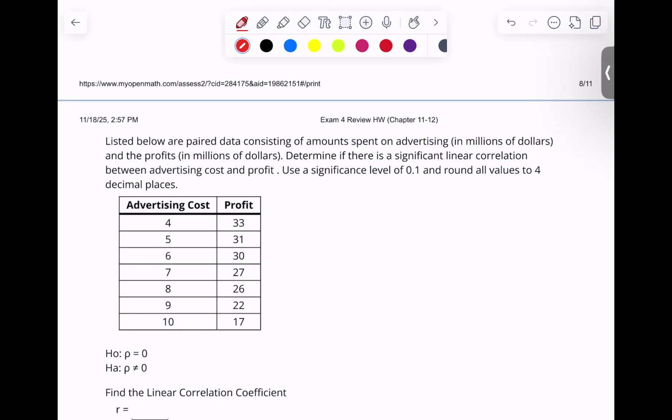So our null hypothesis is that the population correlation is 0. There is no correlation. And then our alternative is that the population correlation is not 0. So there is a significant linear correlation between these two variables. Use a significance level of 0.1 and round all values to 4 decimal places.